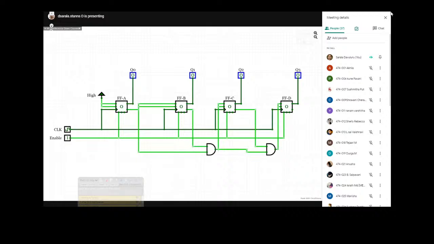Just check what you are using. So like this, you will be constructing these circuits.